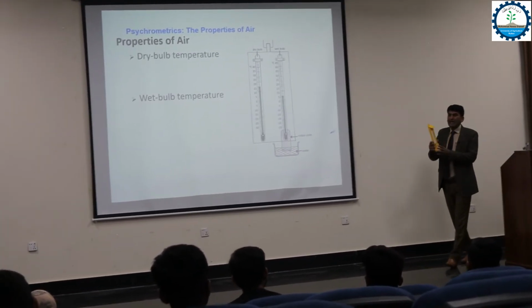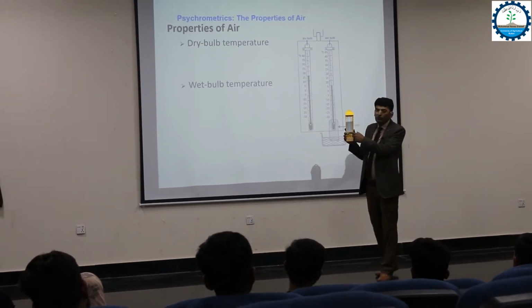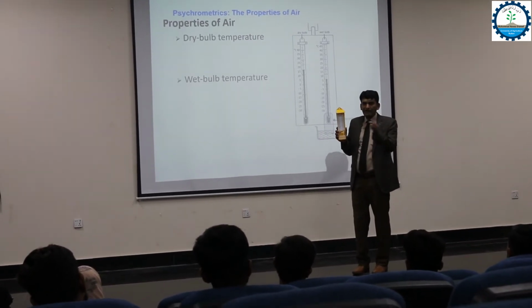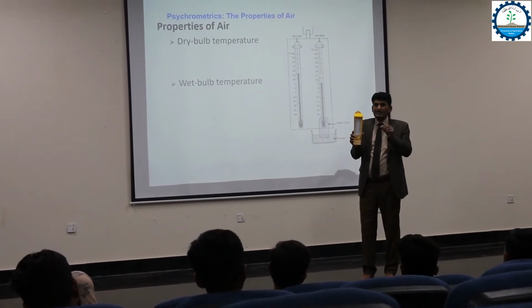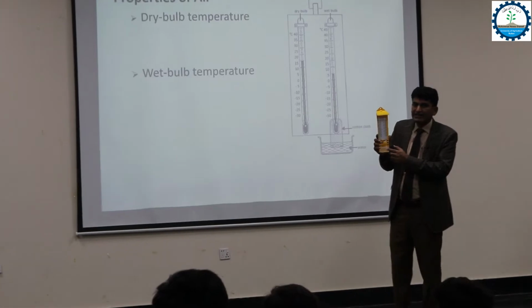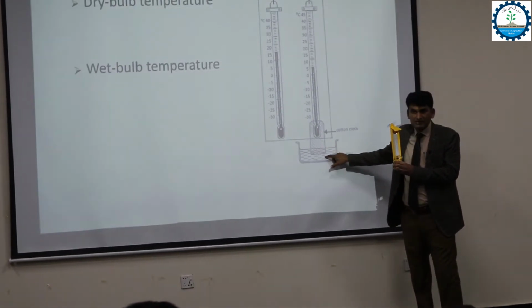We hang this kind of thermometer here, a combination of two thermometers. And if you see, the structure of both is the same, but the little difference is the wick. Just like here, the wick which is dipped in the water.